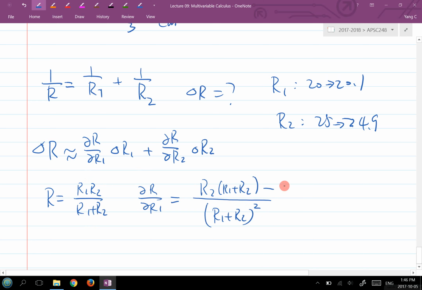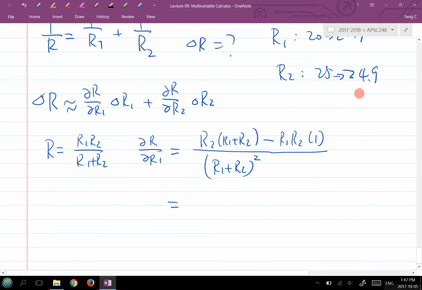Then minus R1 times R2 times the partial derivative of the bottom with respect to R1, which is 1. So that's the partial derivative. Simplify this a little bit and you get R2 squared over R1 plus R2 squared.